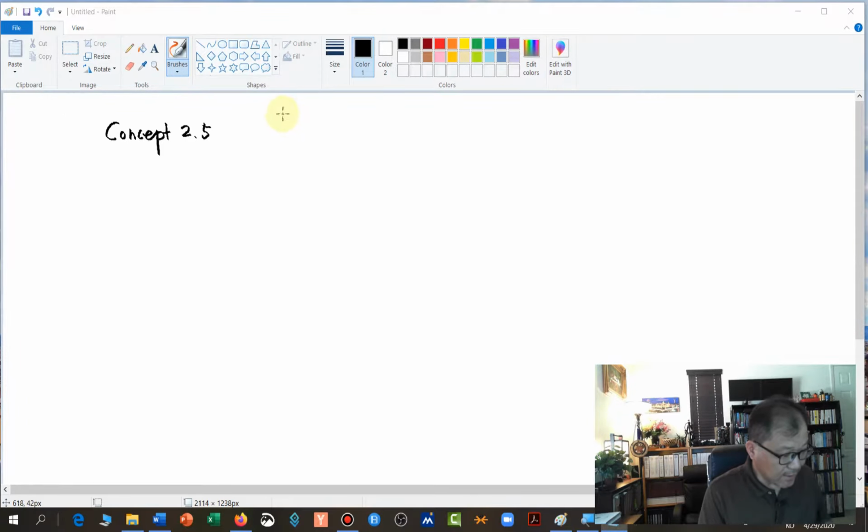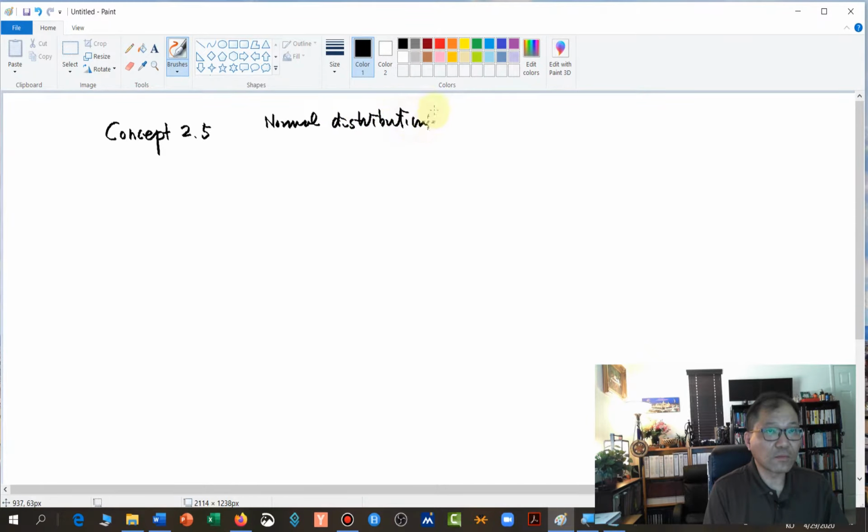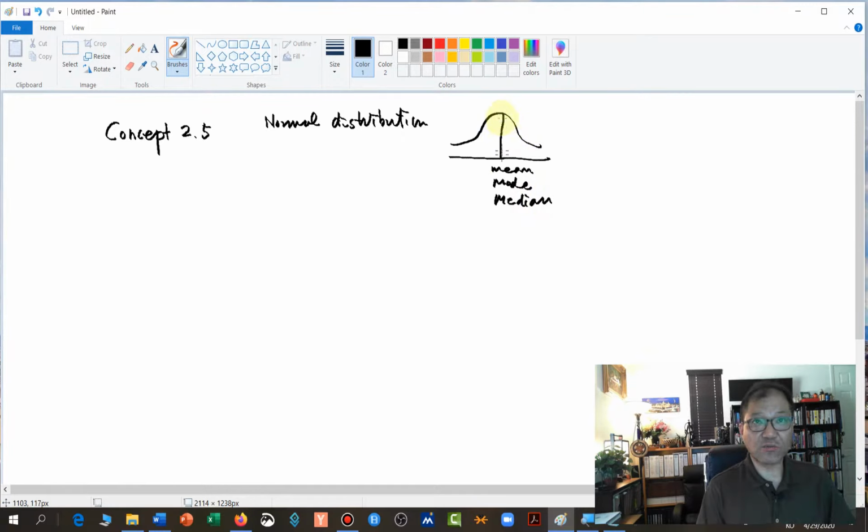Okay, in concept number 2.4, we talked about normal distribution. When the numbers are normally distributed, we have mean in the middle, mode in the middle, and median in the middle. That is the normal distribution.